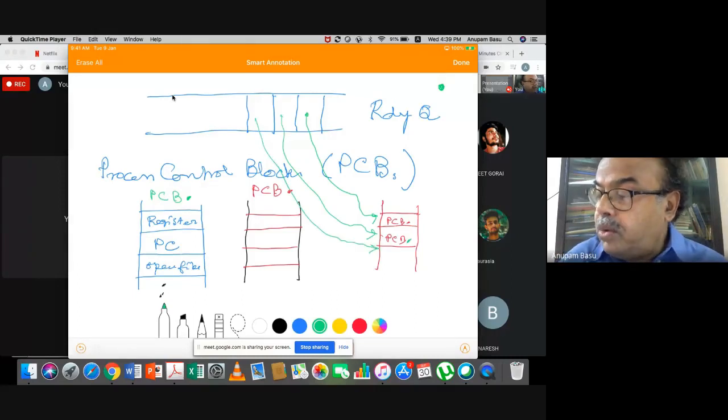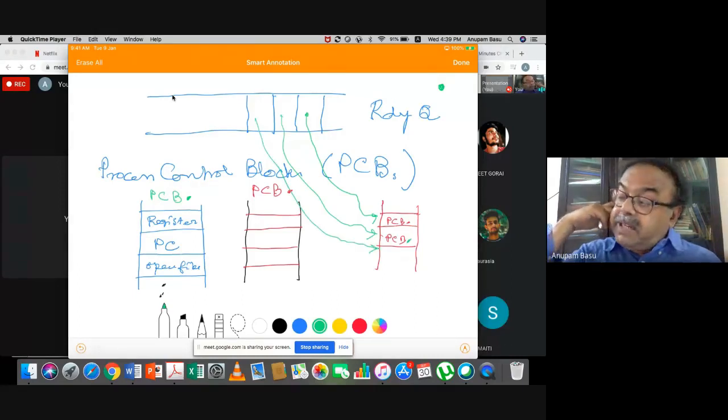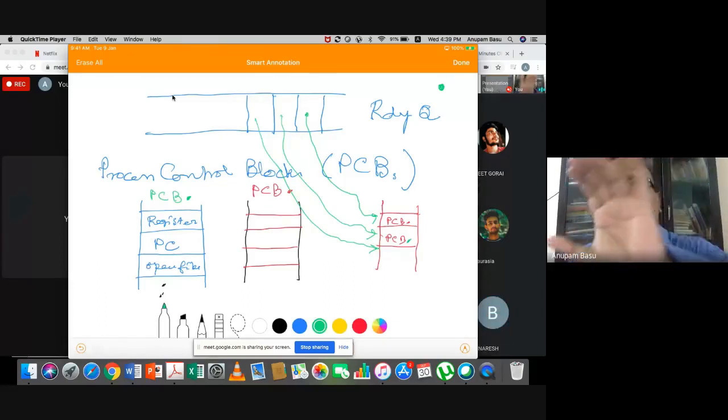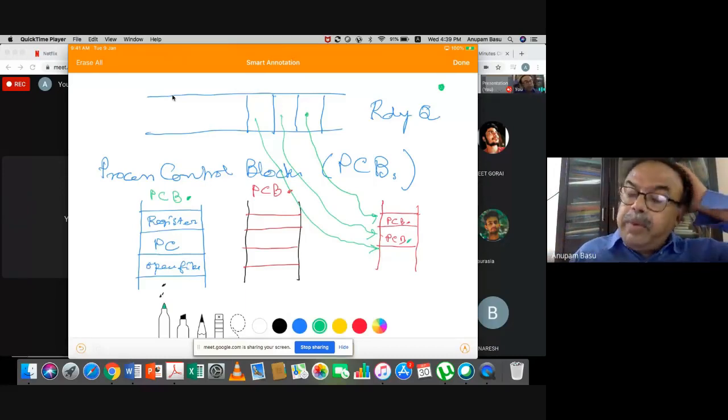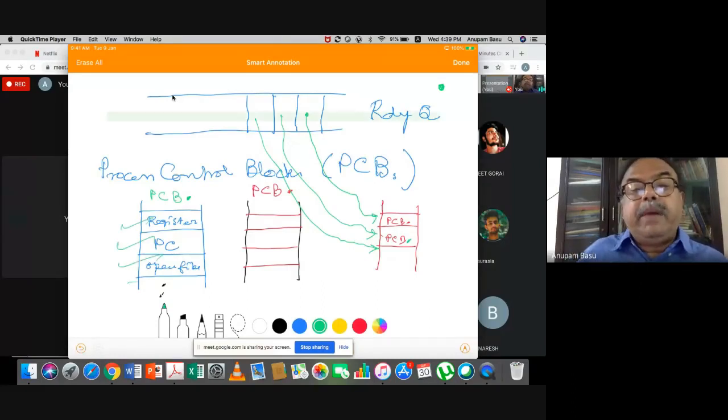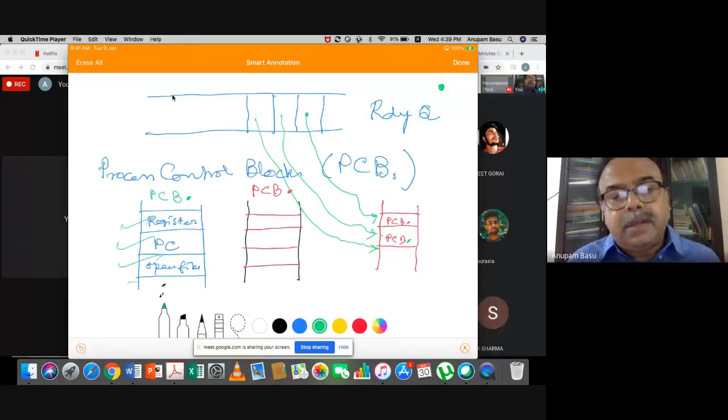So my ready queue, I can now express in different ways. My ready queue is a queue of pointers to PCBs, or in other words, I can also say that the ready queue contains the PCBs. Now, everyone can ask, will you physically move so many items every time? No, we'll just shift the pointer.